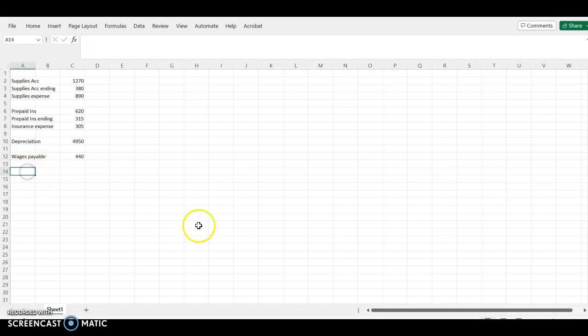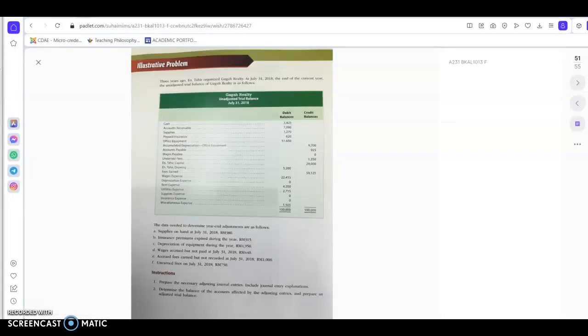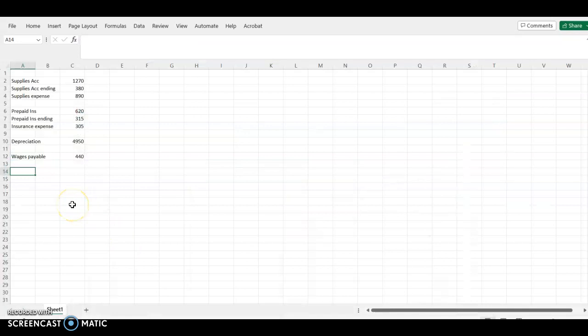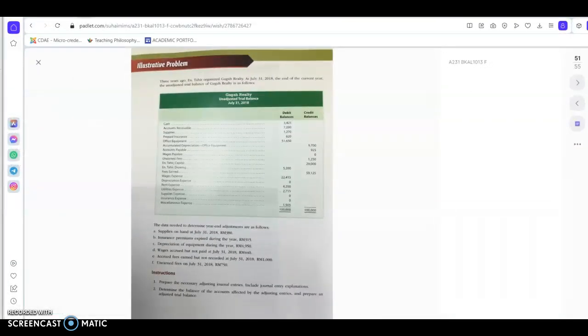Okay. And E, accrued fees earned but not recorded. We have to record the fees earned as well as accounts receivable. How much? 1,000.